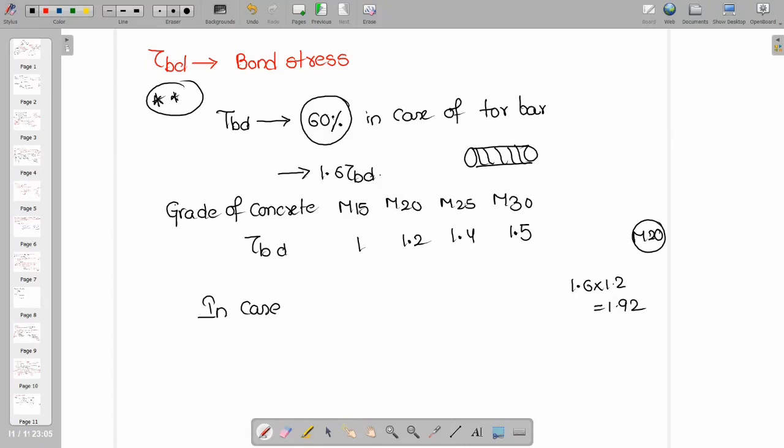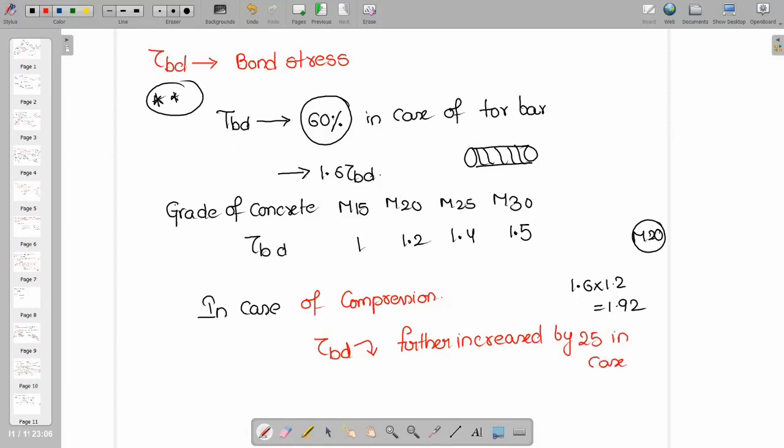Now, in case of compression, this tau BD will be further increased by 25% in case of tar.